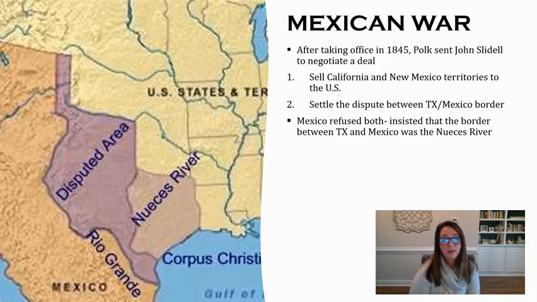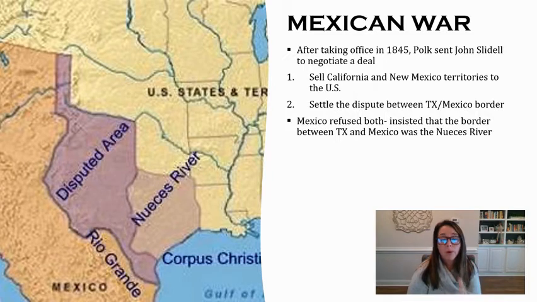He is all about getting Texas, but he also wants to purchase California, Arizona, Nevada, right? We're going to end up calling it the Mexican Cession. So he really wants California. He wants to extend the Union from coast to coast, right? So he wants that part of the country.